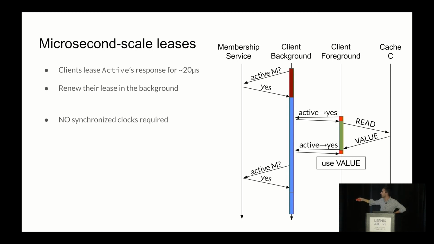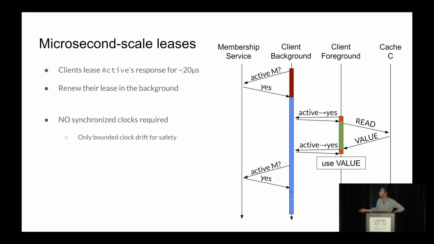as you can see. And the great thing with that scheme is that it does not require clocks to be synchronized within the system. As you can see, we never sent a timestamp over the network. We're able to have leases without communicating to the membership service about what the client thought the time was.